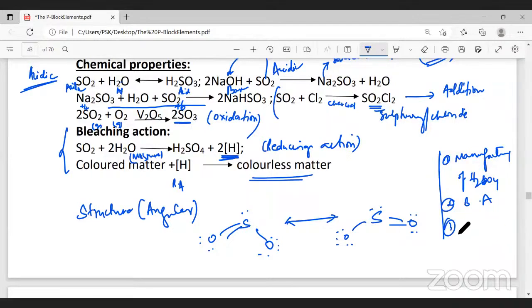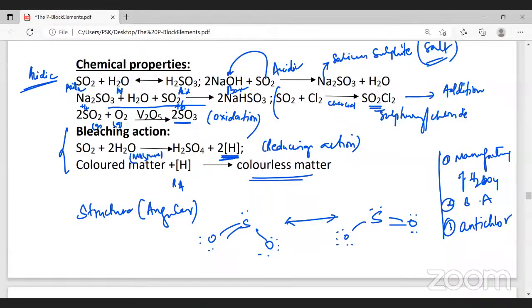This is important. They can ask you, what is an anti-chlor? What is used as an anti-chlor? Anti-chlor is nothing but removal of excess chlorine from bleached fabrics. So as an anti-chlor, sulfur dioxide removes excess chlorine from bleached fabrics.